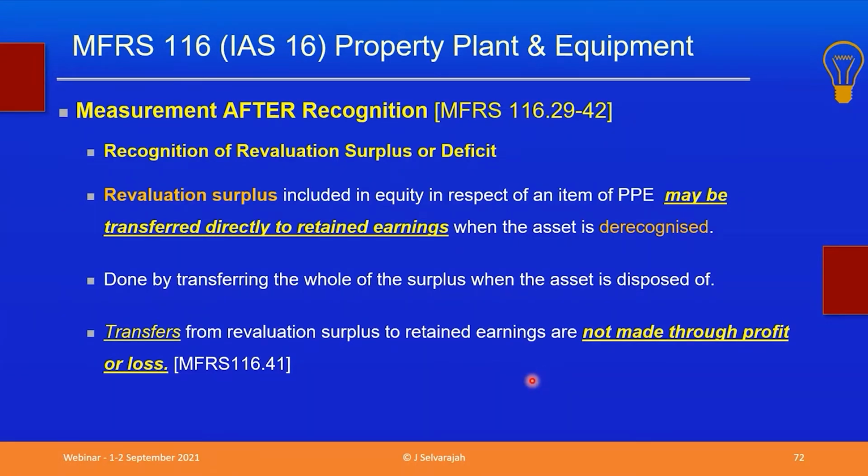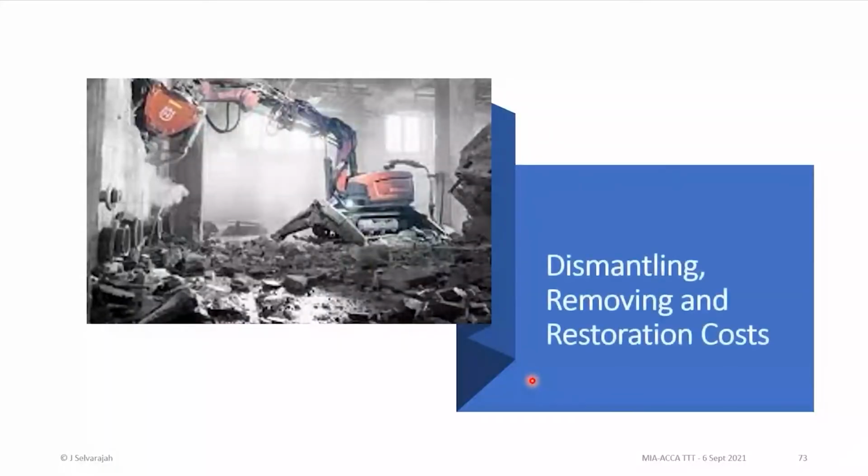So you got to make a judgment here, how you want it done. So far, ever since the standard came into force in 2012, nobody that I know, maybe there are people who have done it, has actually passed it back into the P&L. It is always transferred directly into the retained earnings. Okay, I hope that is clear.